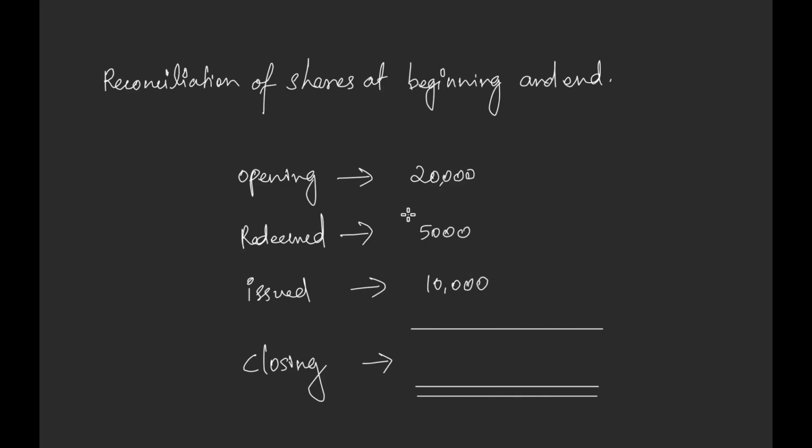Here we will minus this redeemed equity shares, and we will add this issued. So 20,000 minus 5,000 is 15,000 plus 10,000, 25,000. So this will be the closing balance. These types of reconciliations should be shown in the notes to accounts for each type of shares.